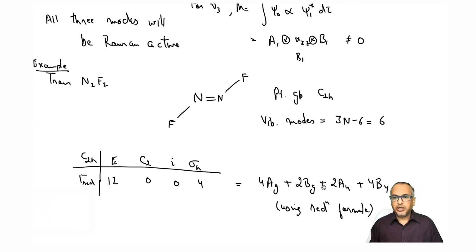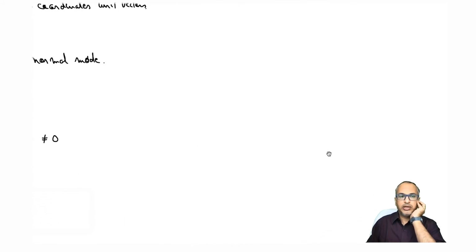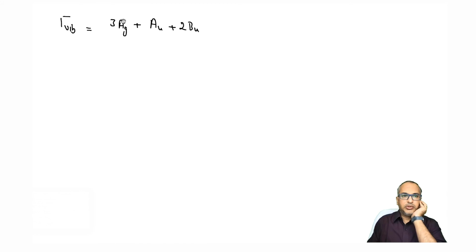So this is the total, and then we have to find the symmetry of vibrational modes from here by subtracting the translational and rotational components. So out of Ag, Bg, Au, Bu, you can remove the symmetry of translational modes and rotational modes. So let's not do that, and I'm directly writing tau vibrational as this.